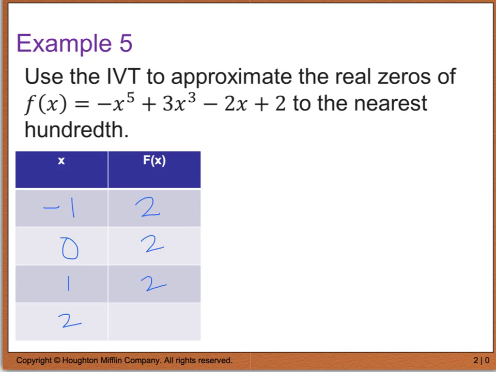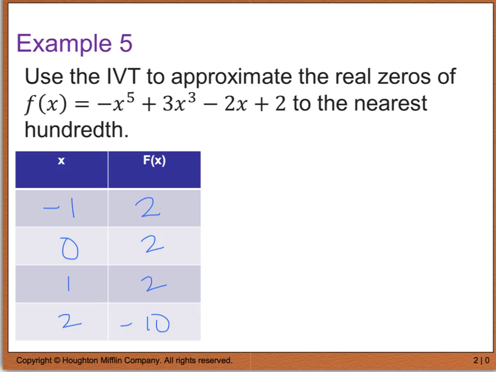And if I plug in 2, I now get a negative 10. Because all of these values were positive, they are all above my x-axis. Now all of a sudden at x equals 2, I jump below my x-axis, so that tells me that I have a zero in between the points 1 and 2, and I'm going to have to fine-tune it.